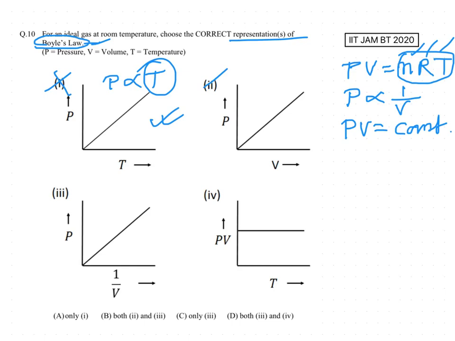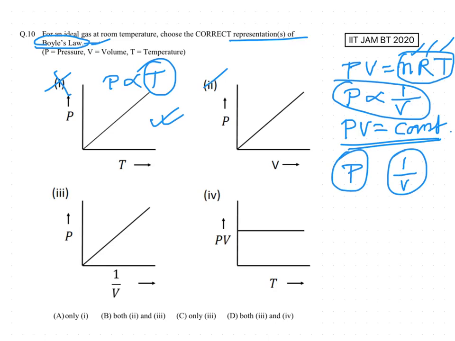From this equation we get PV equal constant, or as I write, P is proportional to 1 by V. That means if we plot P and 1 by V, they will increase proportionally, or decrease proportionally, like x proportional to y.